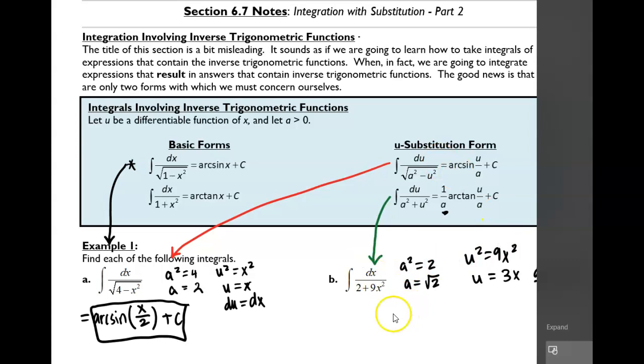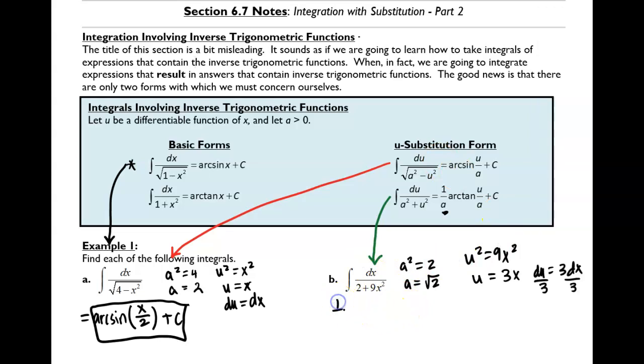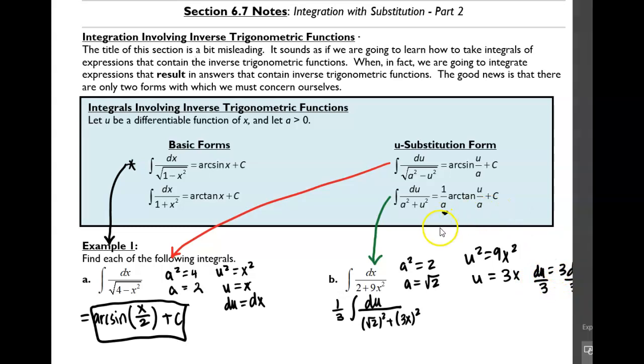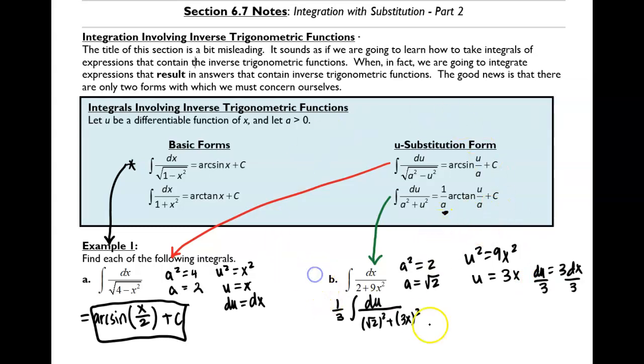So it might help you to rewrite your integral as 1/3 the integral of du over square root of 2 squared plus 3x squared. This kind of gets you in that format that we're talking about here, du over a squared plus u squared. The 1/3 again comes from balancing that du. So make sure that you do have that du present. When I take my antiderivative, the 1/3 comes along for the ride.